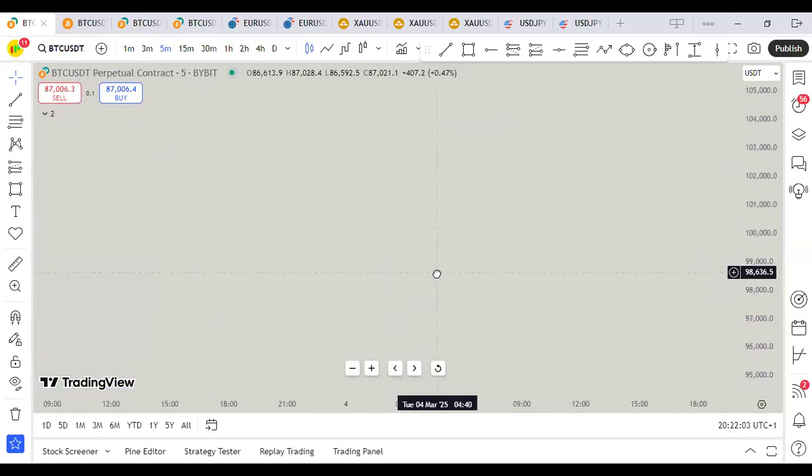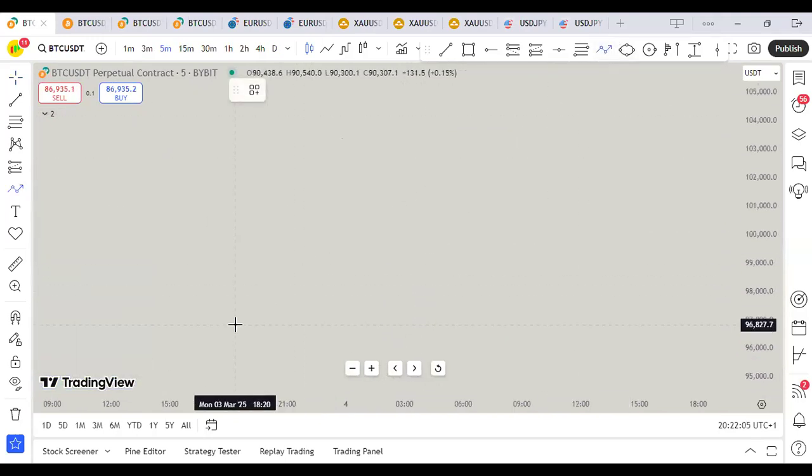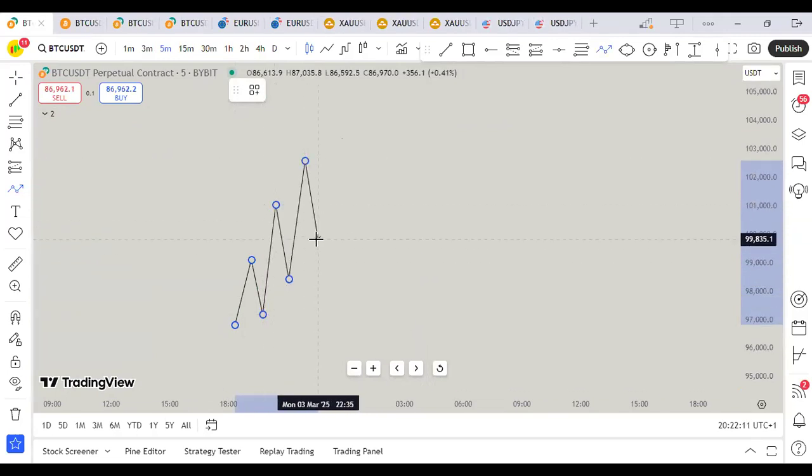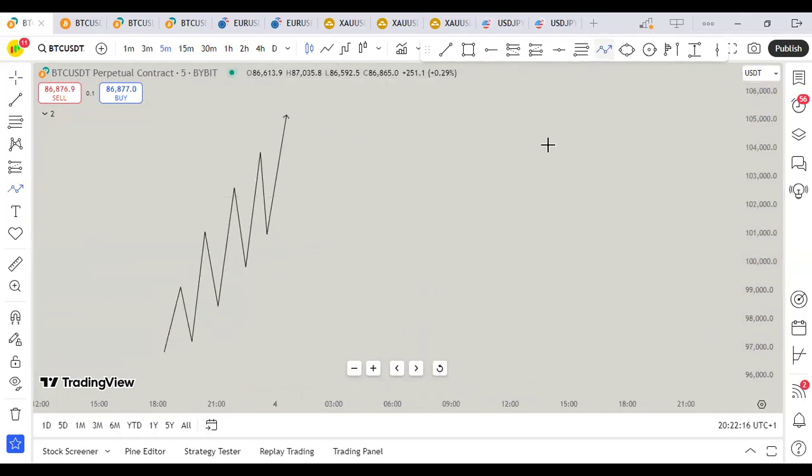Now, let's start with the types of structure we have. We have the bullish market and we have the bearish market.